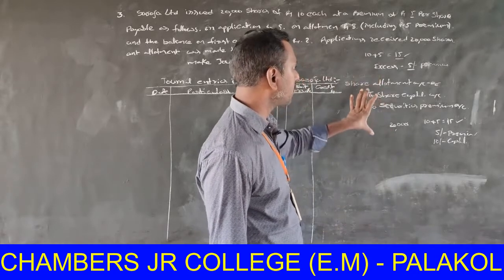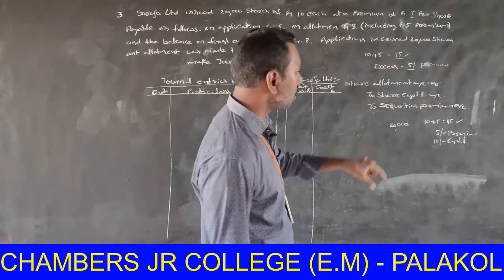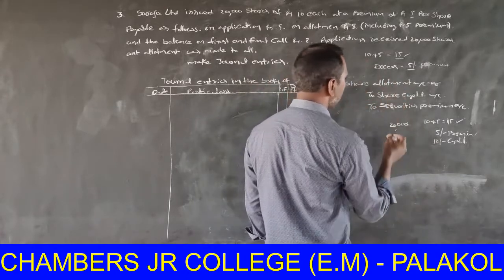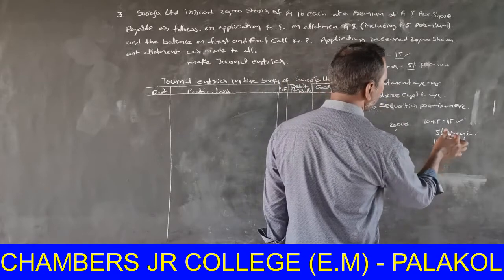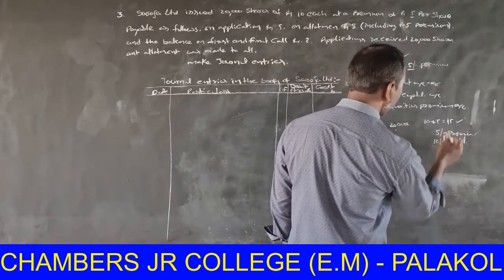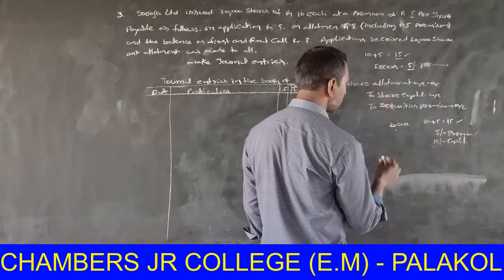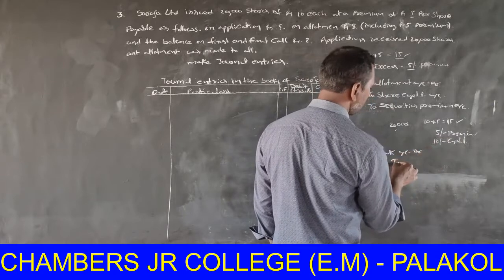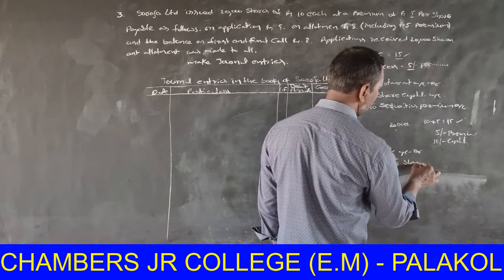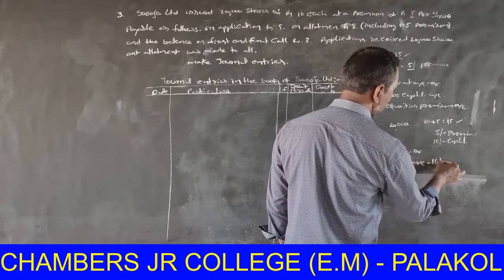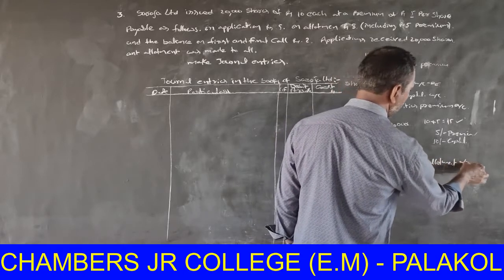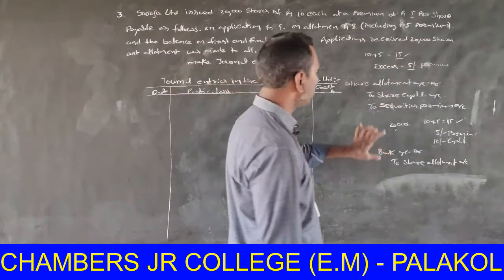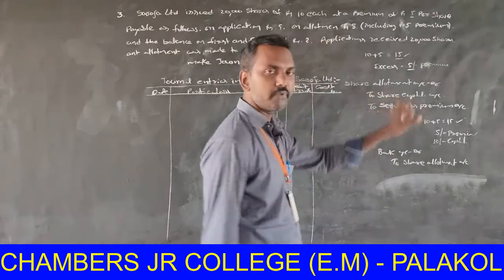For the receipt, the journal entry is bank account debtor to share allotment account. These two entries are written at the time of allotment with premium.